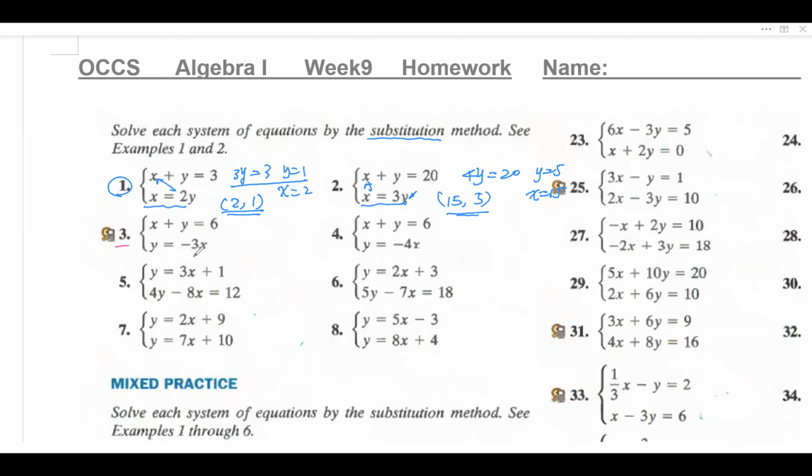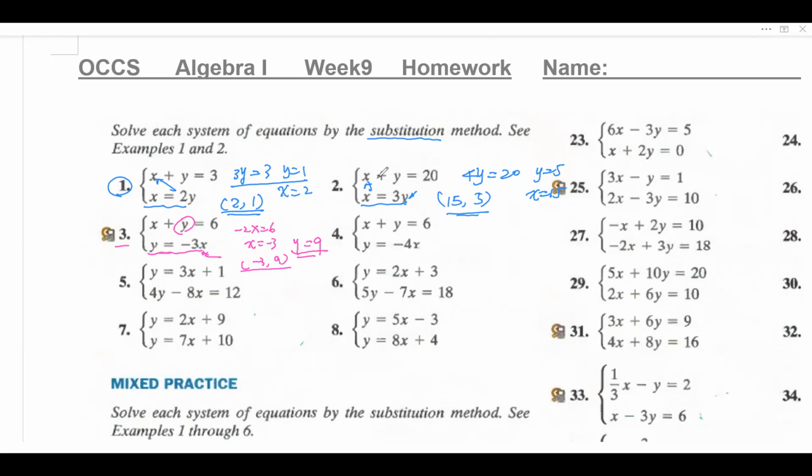The number 3: y equals negative 3x, so this y is replaced by negative 3x. So x minus 3x equals negative 2x equals 6. So x equals negative 3. Replace back here, so y equals 9, because negative 3 times negative 3 is 9. So the point is (-3, 9). Is it correct?